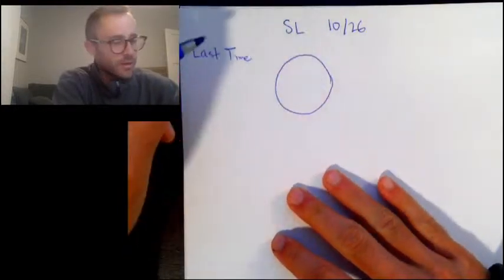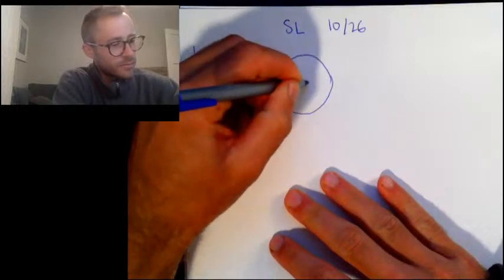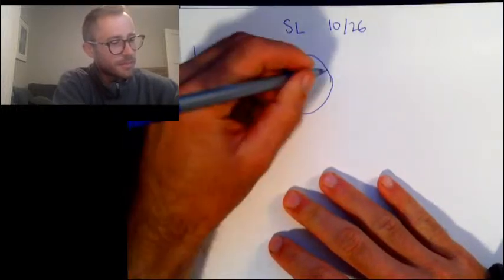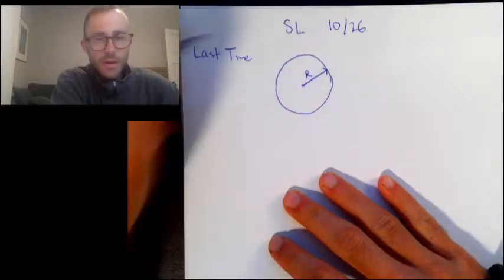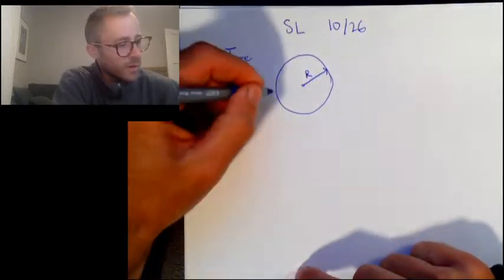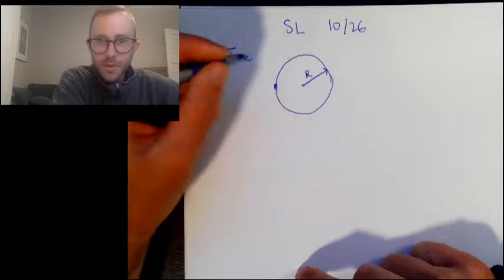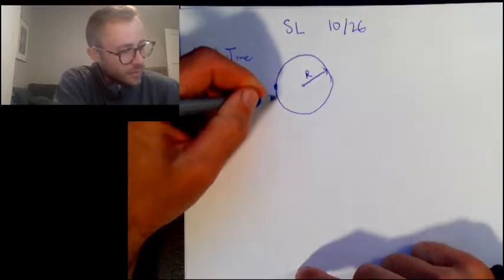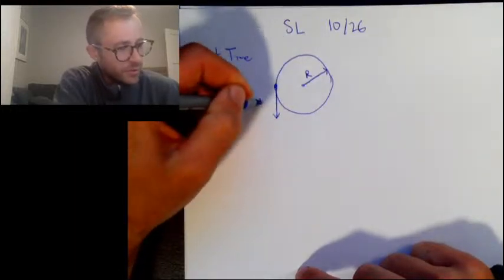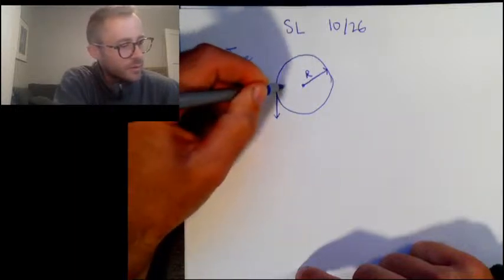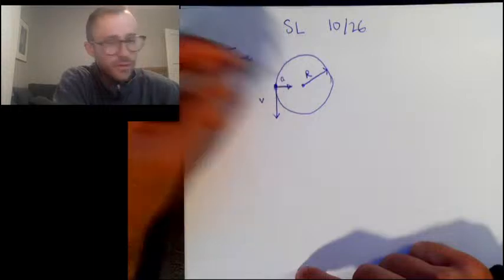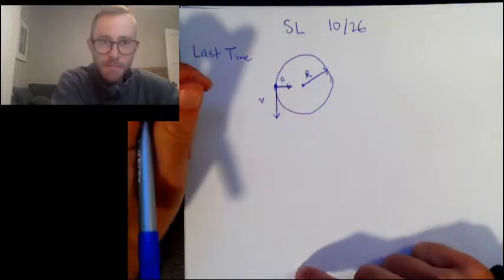The radius of that circle is r, and wherever you are in that circle, the velocity is going to be tangent to the circle, and the acceleration is going to point towards the center of the circle. Okay?